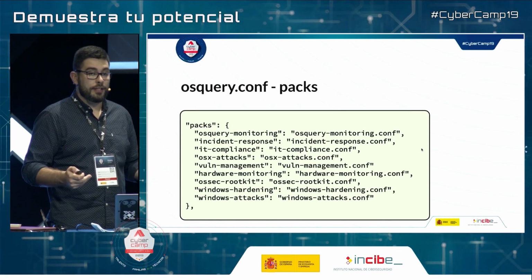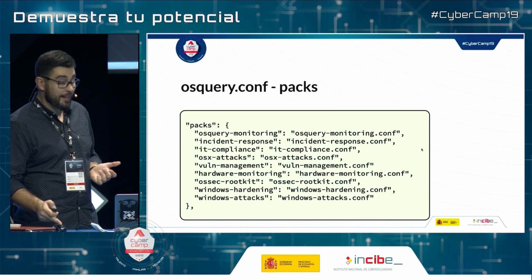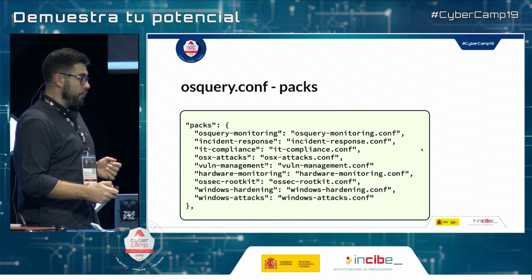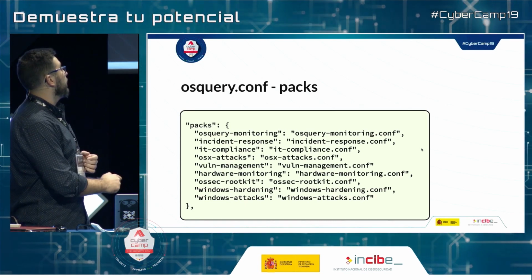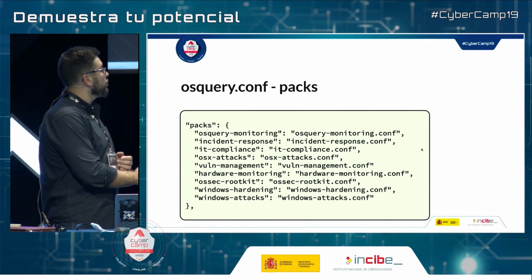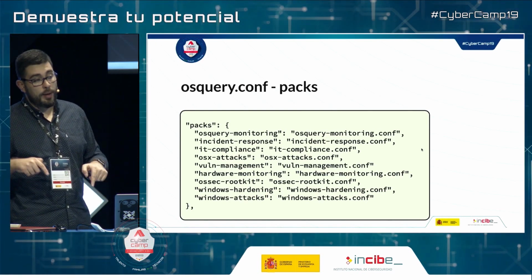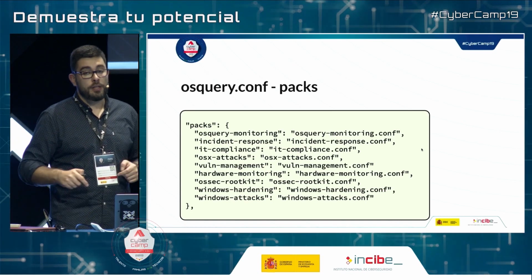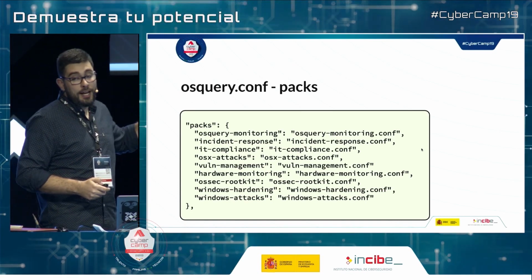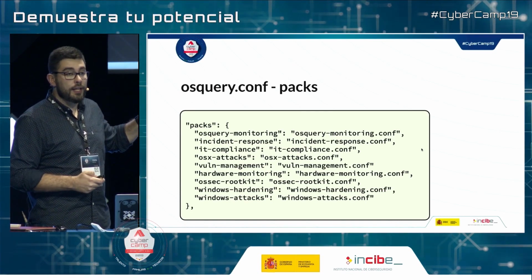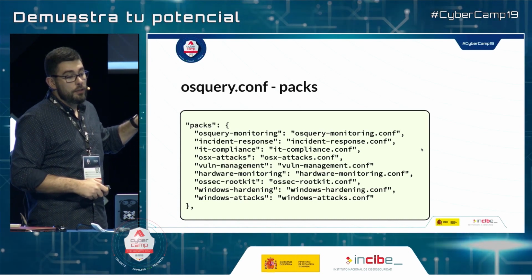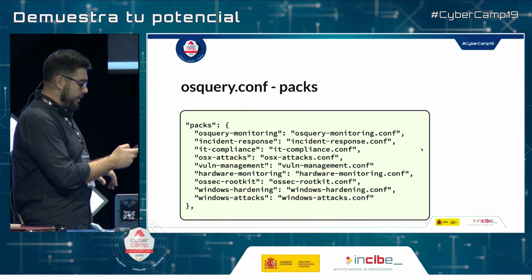We don't really have that much information about that sort of compilations, but in this way, you have a few. The same thing for Windows, with queries to see if a machine is secure or not. And these are installed by default when you install osquery on your machine.